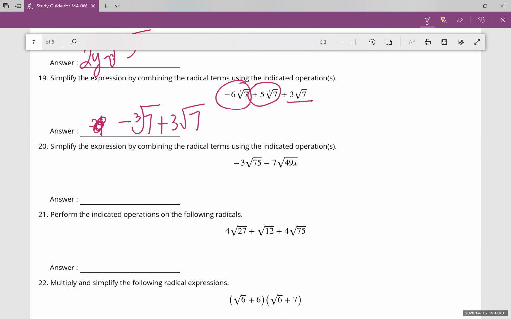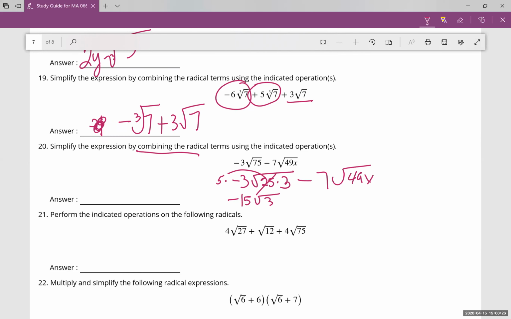Okay, number 20. Let's see what we can do here. Let's see if we can do any combining of these terms. Let's rewrite 75 as 25 times 3 and 49x. Okay, we can take the square root of that. When we do that, out comes a 5, and we're going to multiply it times the negative 3 that's already out there.